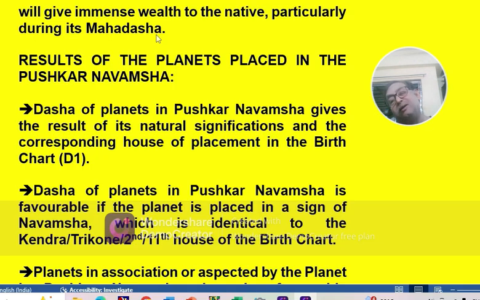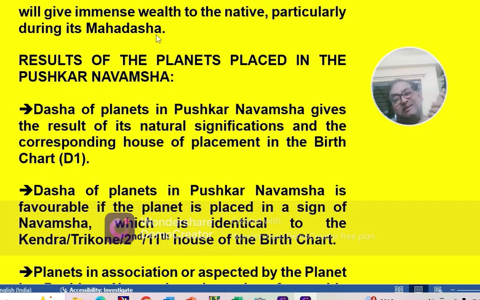And your birth ascendant is also Libra. Then what will Venus do? Venus will try to improve your health, try to bring you eminence and luxury in life. This kind of result it will give.